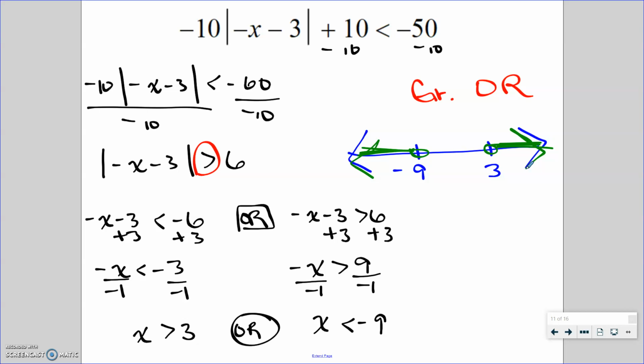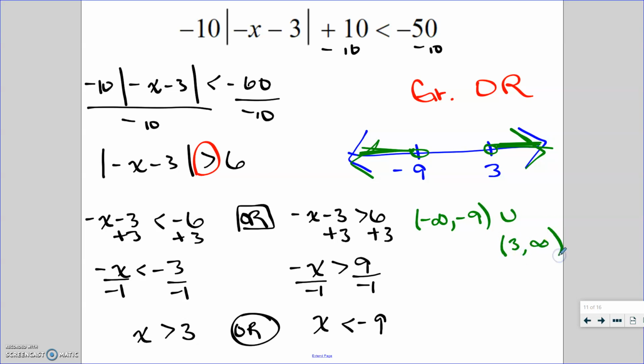We have what looks like ors. All right, now interval notation, we have two intervals shaded, so two intervals: negative infinity to negative 9, exclusive, or 3, exclusive, to infinity. And there's your interval notation.